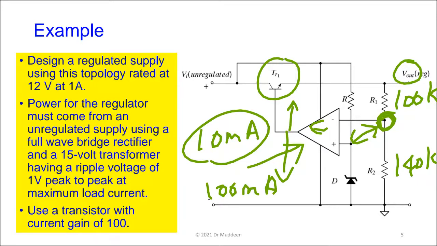If, however, the op-amp can't supply the base current to the pass transistor, what's one other alternative that you can use? Instead of a single pass transistor, what is a possible configuration that you can use? Something that you met before.